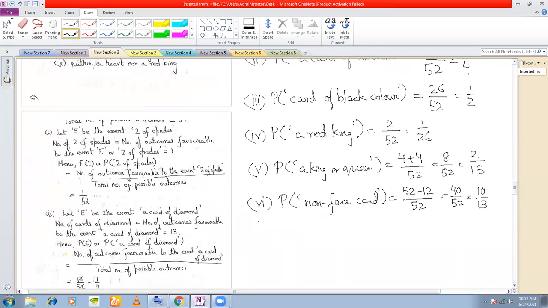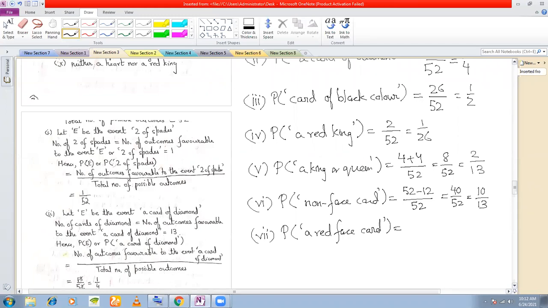Next question. A red face card. How many face cards are there in each of the suits?